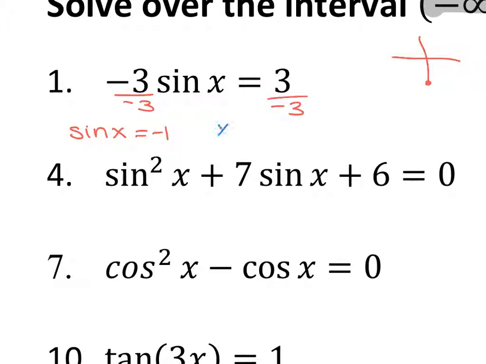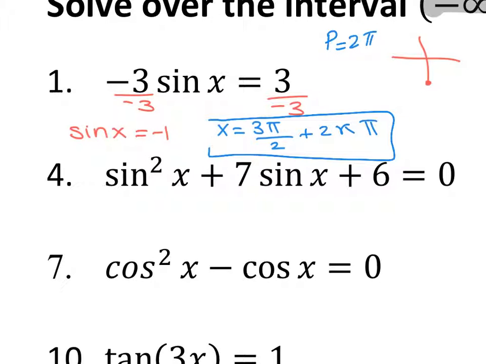So x is equal to 3 pi over 2. Now since I'm solving over all real numbers, I need to take this angle and all the coterminal angles. Since the period of sine is 2 pi, I need to add 2k pi to my answer, and then my final answer is x equals 3 pi over 2 plus 2k pi.